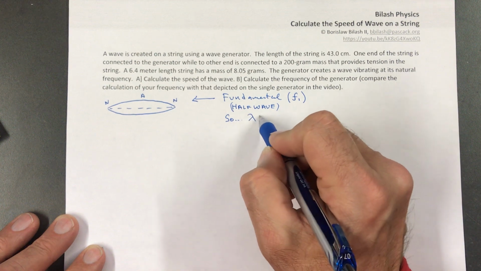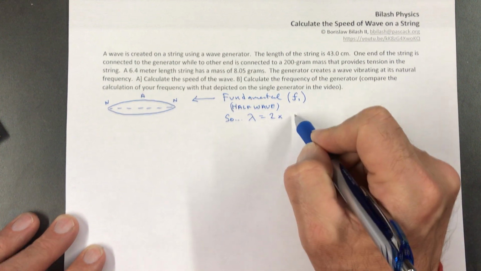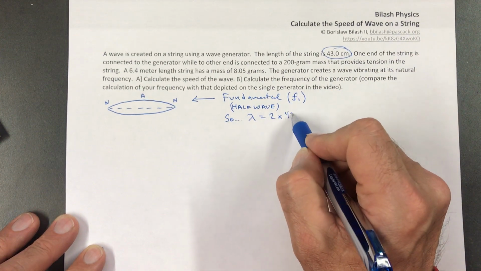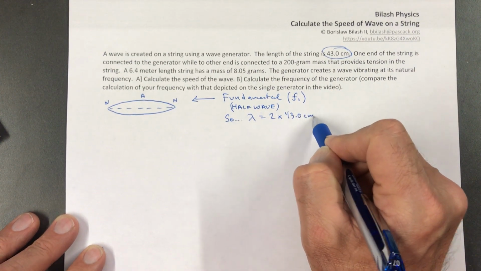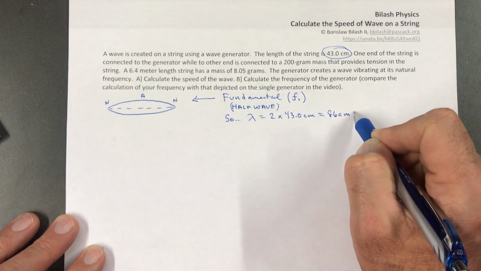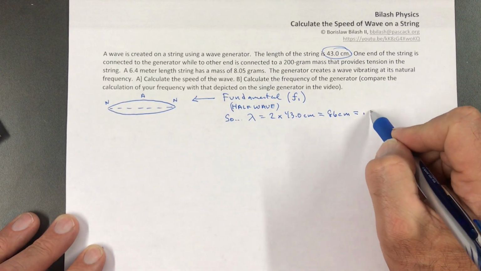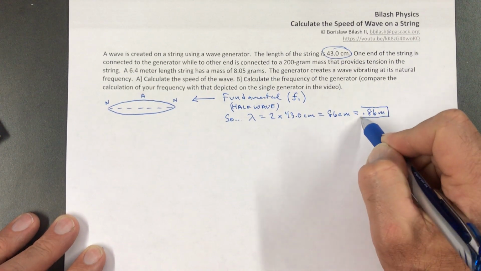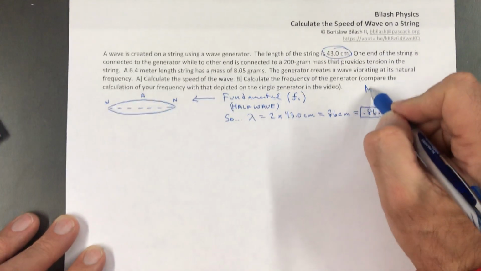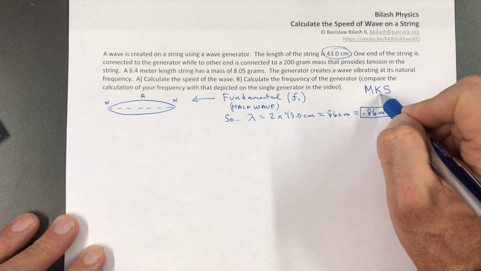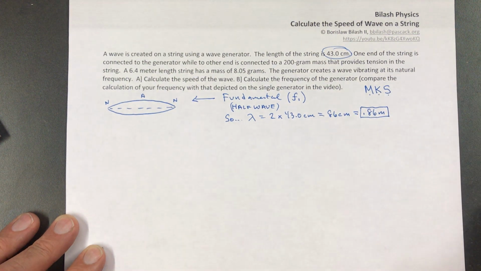So lambda is going to be equal to 2 times, we're told that it's 43.0 centimeters, which is 86 centimeters, which converts to 0.86 meters. So remember that all measurements have to be in MKS, meters, kilograms, seconds.